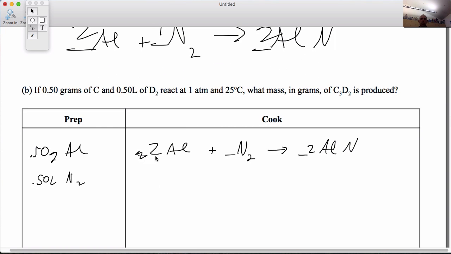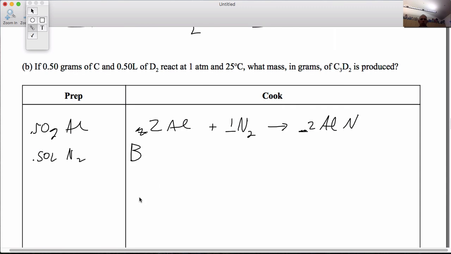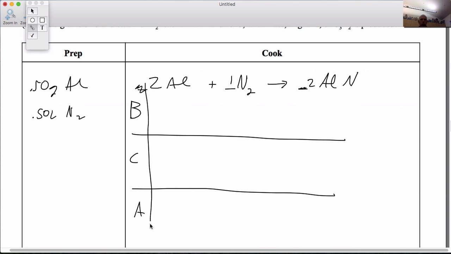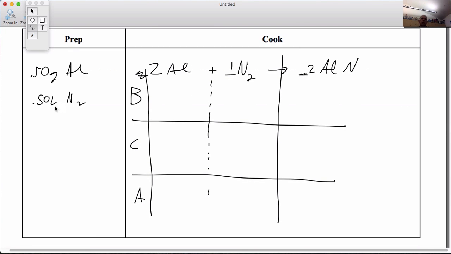Ooh, we already did that. I know that that's a 1. B, C, A. Okay, so we got to do some conversions here first. So let's do the Al. 27 grams per every 1 mole, 0.50 grams per every x moles.